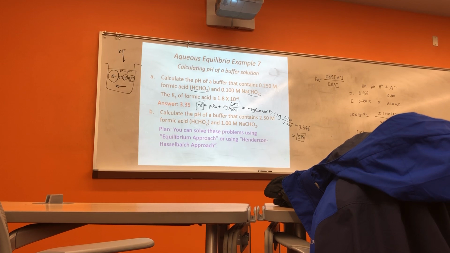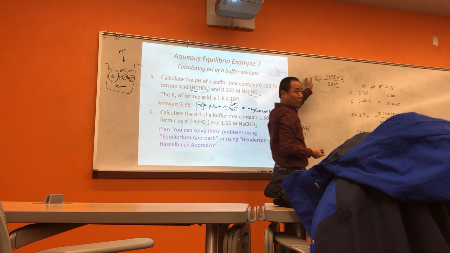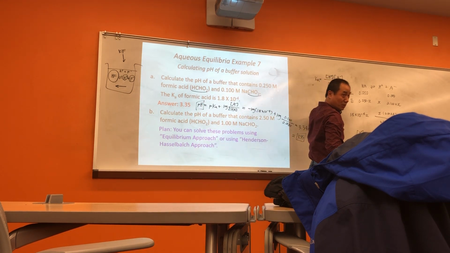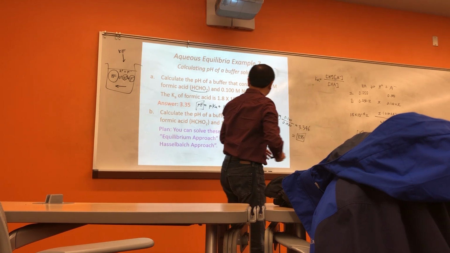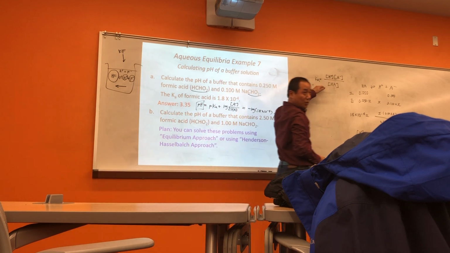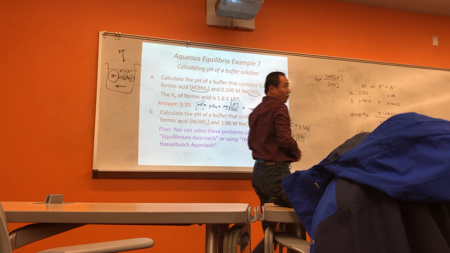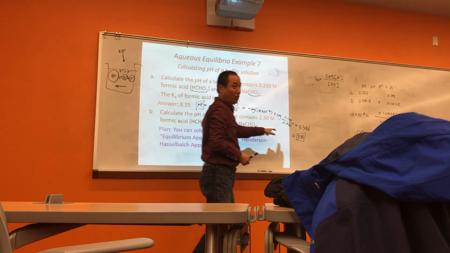So you should get the same result. It's not bad to use this Ka expression. You can just set it up in an ICE box, and you're still going to end up finding the same number. If you do not want to memorize any extra equation, it will be okay to use this. But sometimes when you do lots of calculations, memorizing one formula will make it a lot simpler.